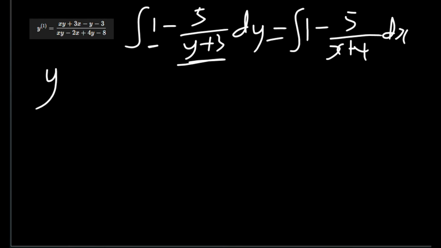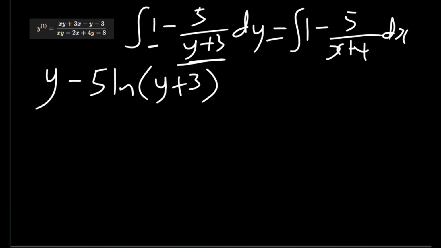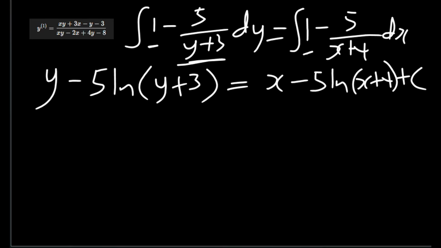And then when we integrate 5 over y plus 3, we get 5 ln of y plus 3. Yes, don't forget this. It is equal to, when we integrate 1 again, we are going to get x, it is with respect to x, minus 5 ln of x plus 4. Don't forget your constant of integration. Whenever you integrate, there is a constant.